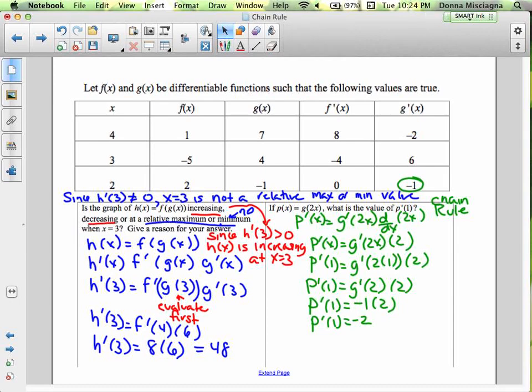And had they asked what's happening here, that one would be decreasing. Right? So there, p prime of 1 is negative. Right? So that means p of x would have been decreasing at x equals 1. Right? But they didn't ask us. Right? So that one was decreasing because the derivative is negative. Right? Because derivative is slope, and if your slope is negative, right, the function is decreasing.